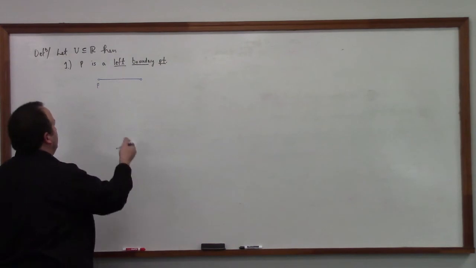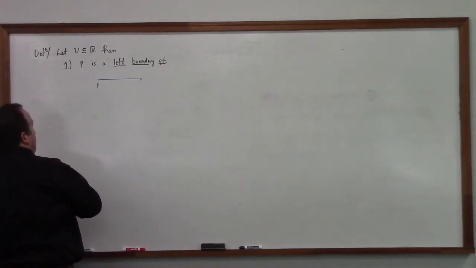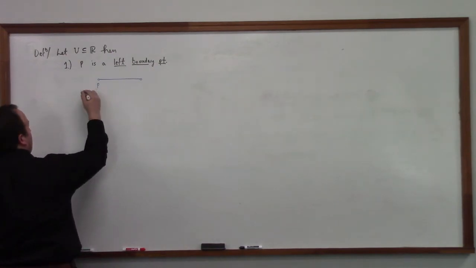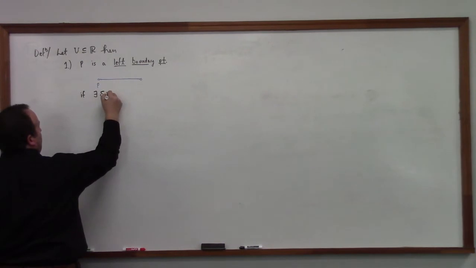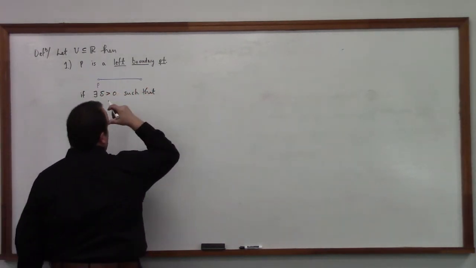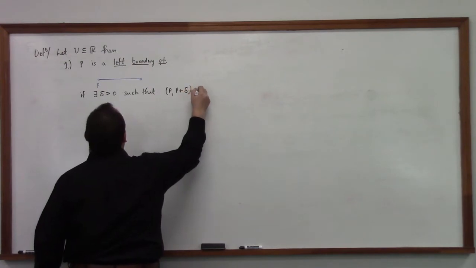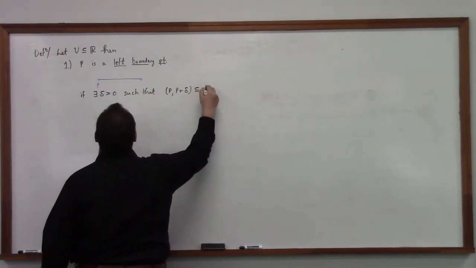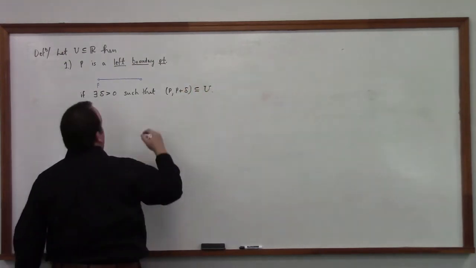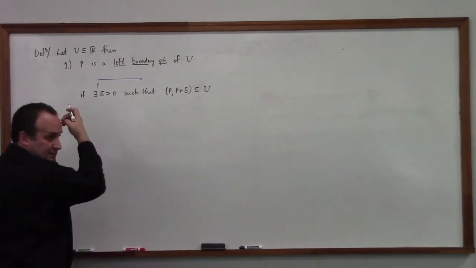The definition: P is a left boundary point if there exists delta greater than 0 such that the interval from P to P plus delta is a subset of the set. That's just a picture to explain where the definition comes from. Left boundary point of U: boundary points are always with respect to some given set.